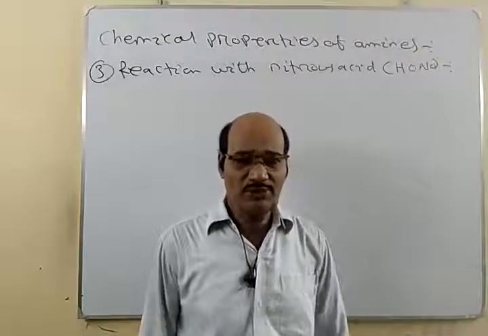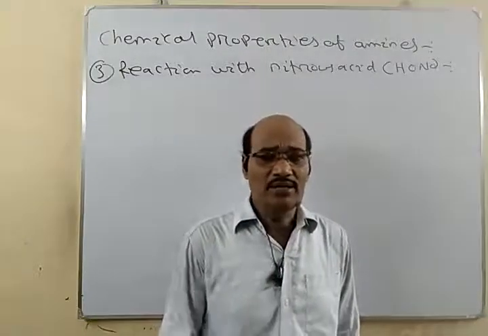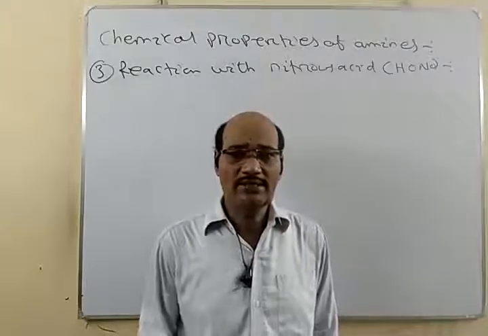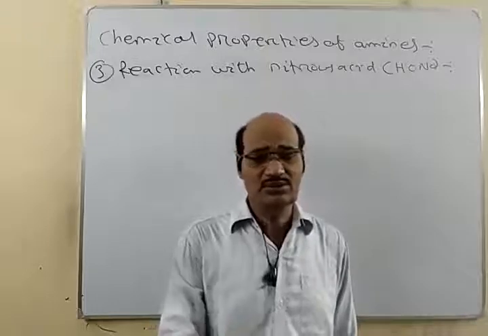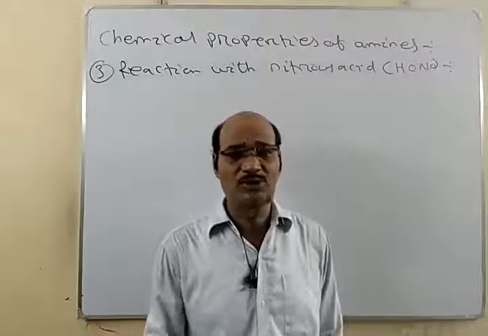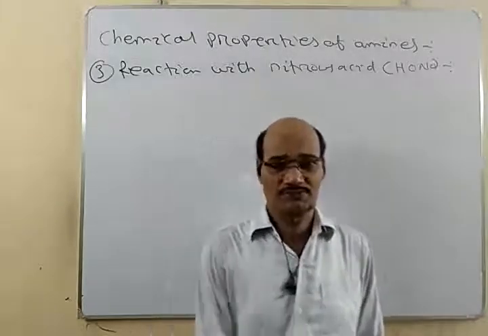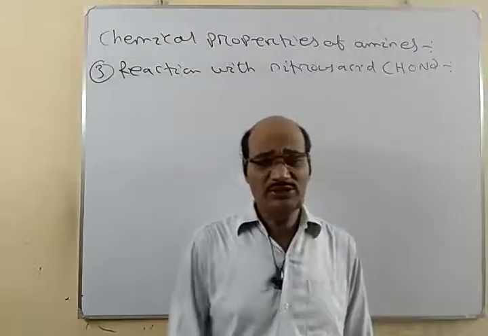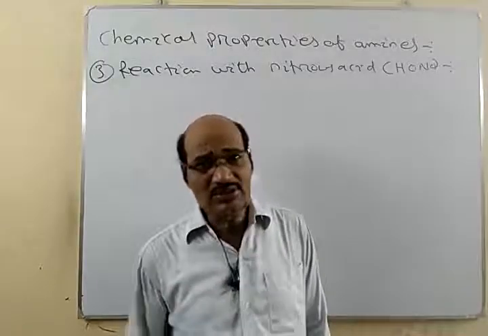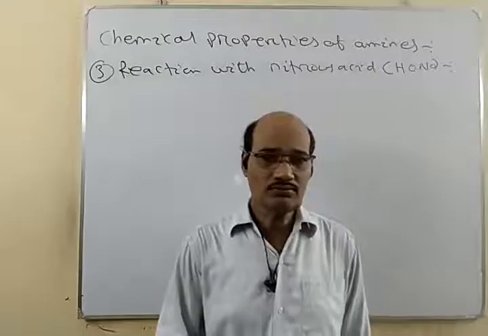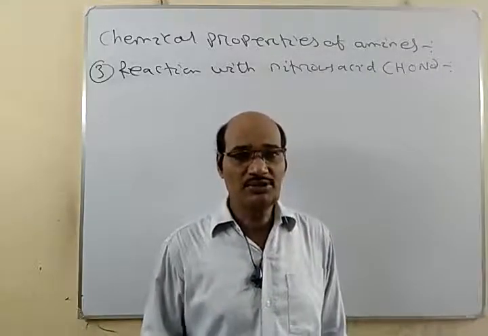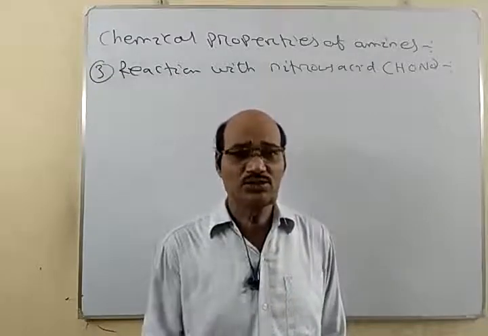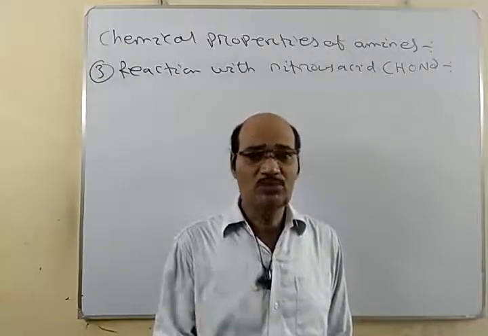So we add NaNO2 and HCl to the reaction mixture, and in the reaction mixture the HNO2 itself forms. Primary amines react with nitrous acid to give a primary alcohol with brisk effervescence showing the evolution of nitrogen gas.